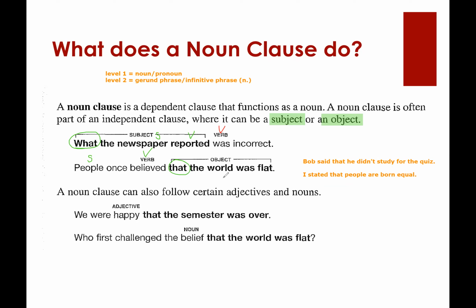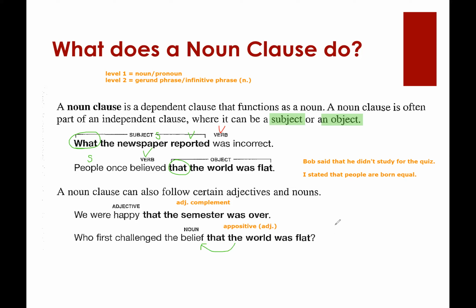And of course, a noun clause can also follow certain adjectives, like emotional adjectives, in which case the noun clause would be called an adjective complement, but we will talk more about it later on. Or it can be an appositive, in which case it would have an adjective function because it talks about the noun before.